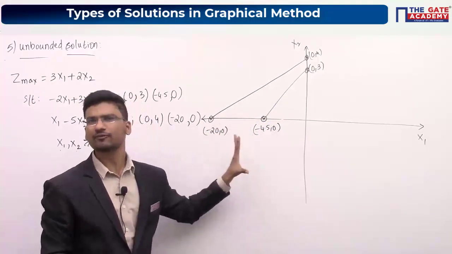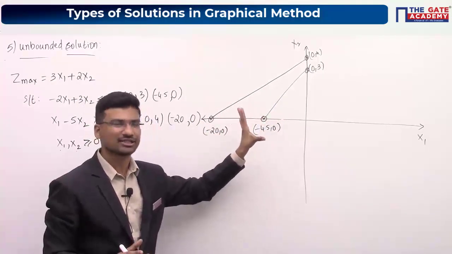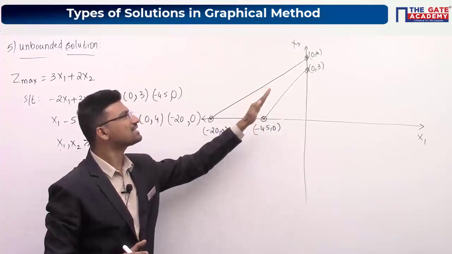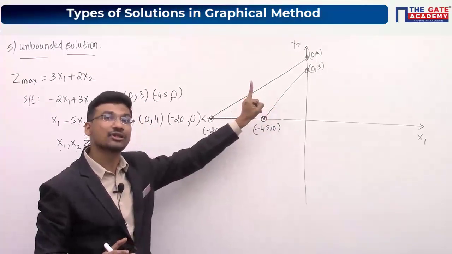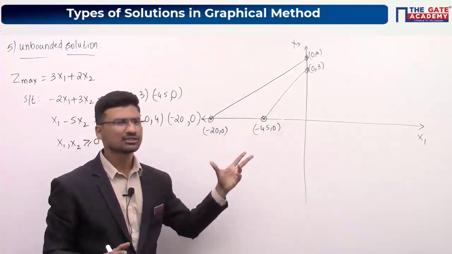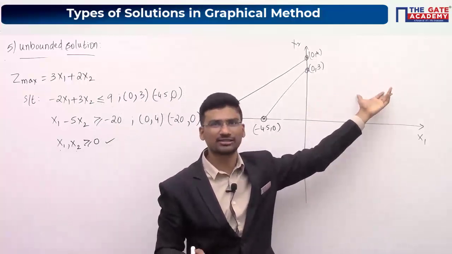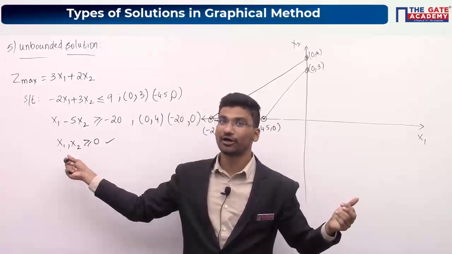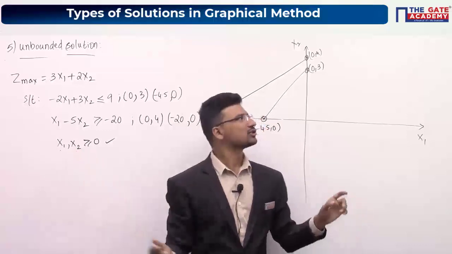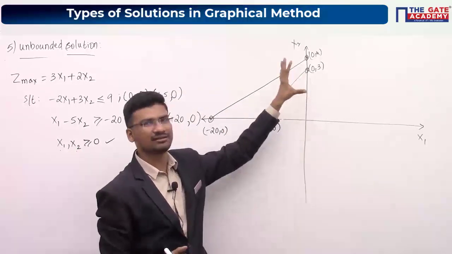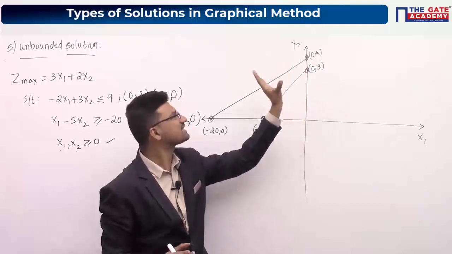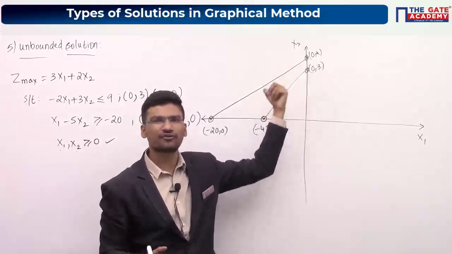Whenever you face this type of situation, you just have to extend these straight lines into the first quadrant. Our region of interest is the first quadrant, with x1 greater than 0 and x2 greater than 0, and we have to follow this condition. Whenever you get a region in a quadrant other than the first, just extend the straight lines into the first quadrant.